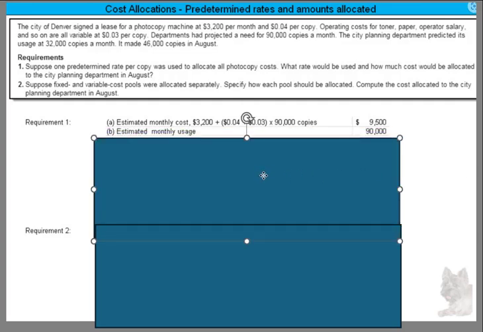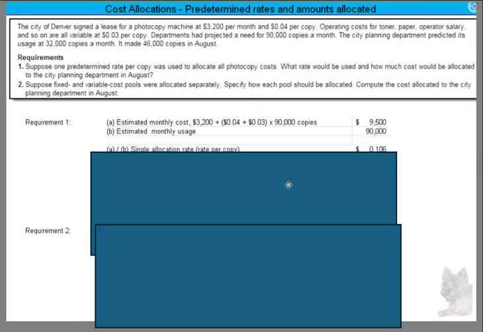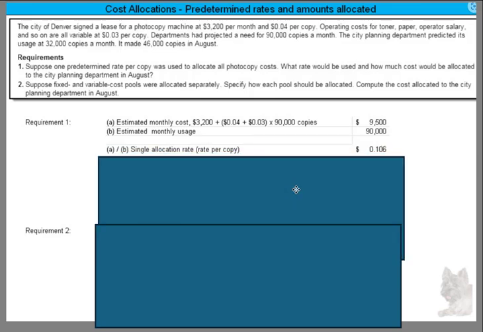Now the estimated monthly usage is 90,000. So if we were to calculate a single cost allocation rate, we would take the monthly cost divided by the monthly usage, 9,500 divided by 90,000, and we get 10.6 cents.